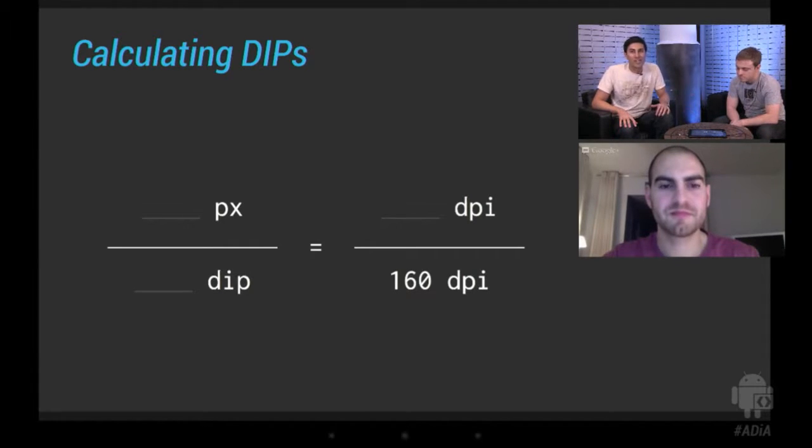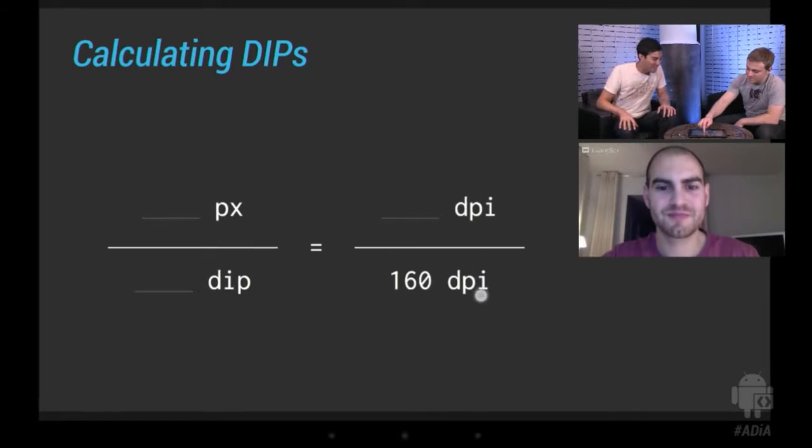You divide it by the baseline, which is 160, and that gives you your ratio of pixels to DIPs. Don't forget there's DPI and there's DIP. They're very closely related. One is the actual density of the device, and the other is these DIP units that we're talking about.